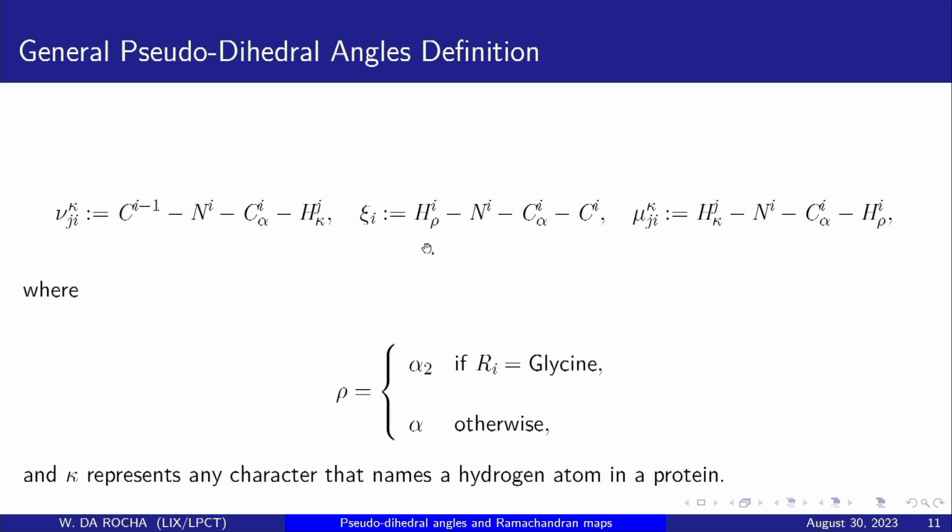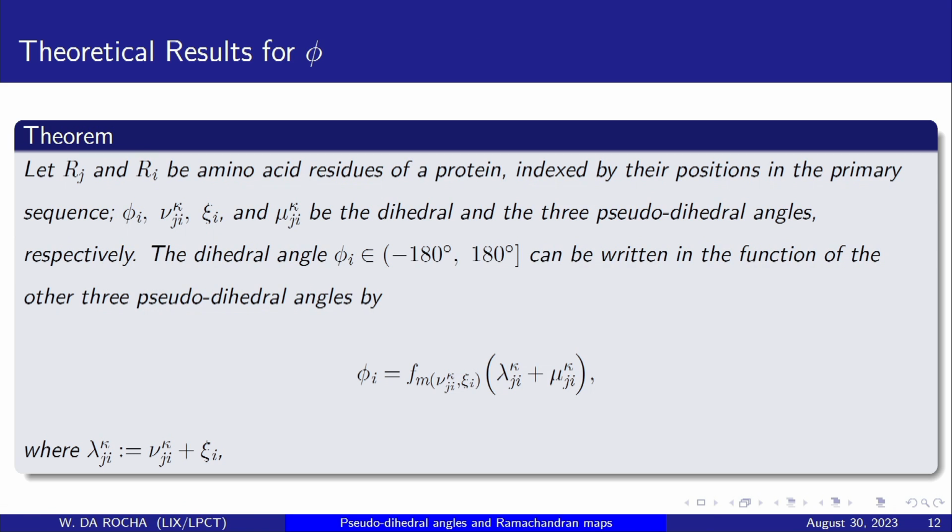Here I have the general representation, and then we wrote a theorem in the paper that describes this relationship for phi, which depends on those angles that I defined. Well, the theorem is like this.